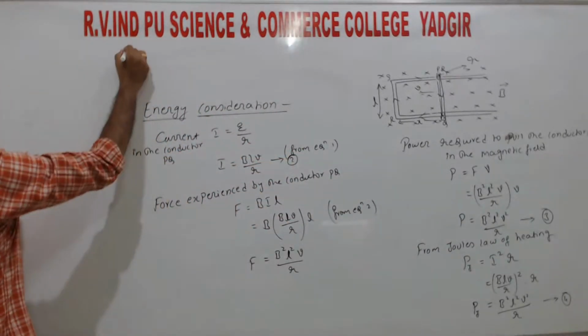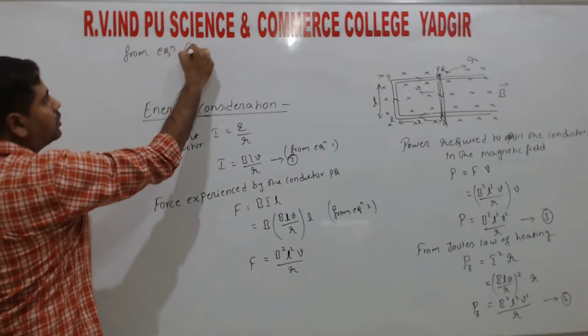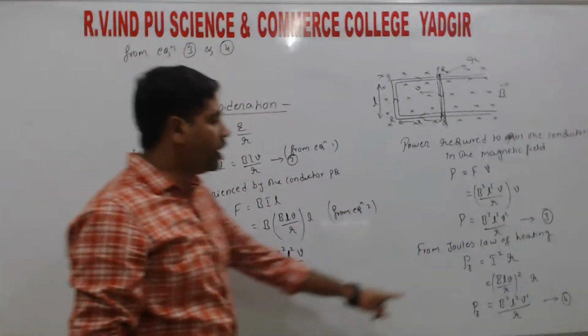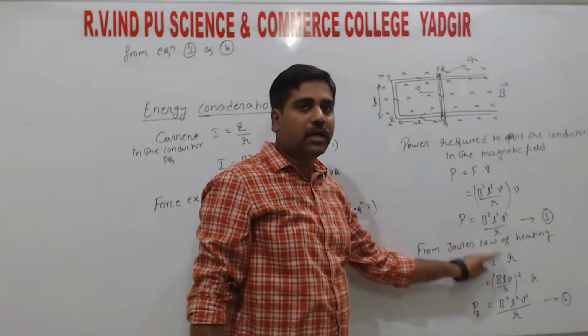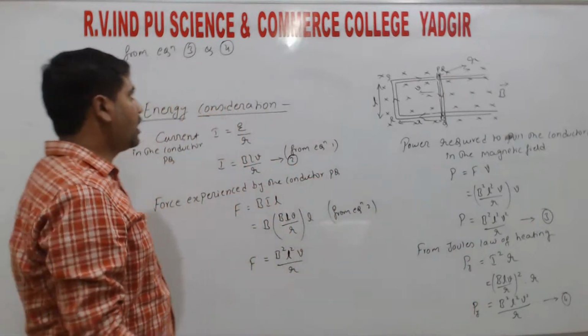So from equation 3 and 4, what values do we get in both equations? The same values. One is mechanical energy and another one is thermal energy. So thermal energy is like heating energy, right?